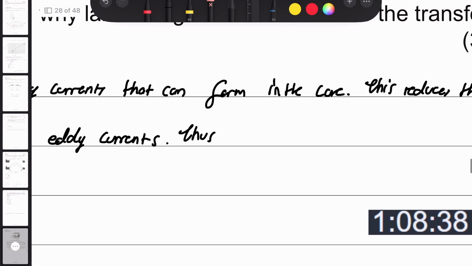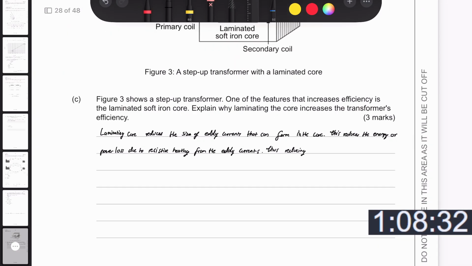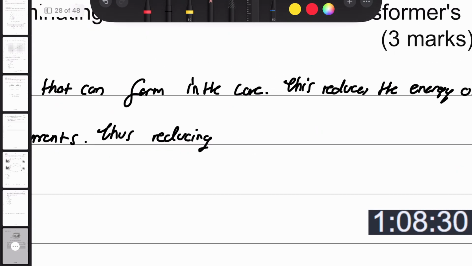Thus reducing energy loss, thus increasing efficiency.